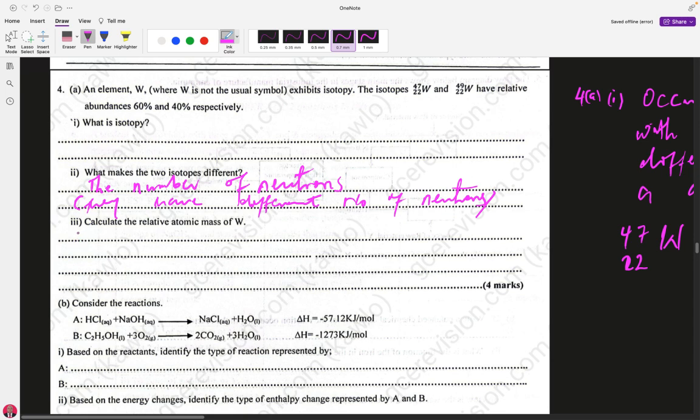So you can say 60 over 100 times 47, that is for that isotope, plus 40 over 100 times 49, that was for 49.